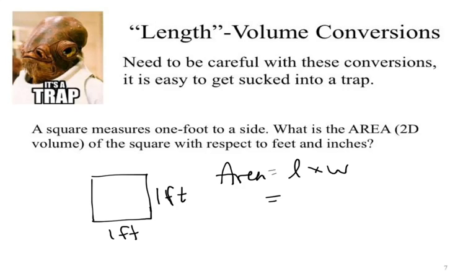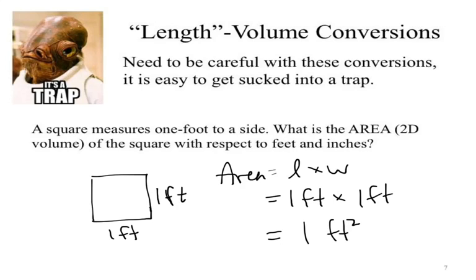What's our length? 1 foot. What's our width? 1 foot. What do we get as an answer? Okay, I'm just going to write it. It's not ambiguous then. Okay, so that's what we end up with for our area with respect to feet. Or rather feet squared.